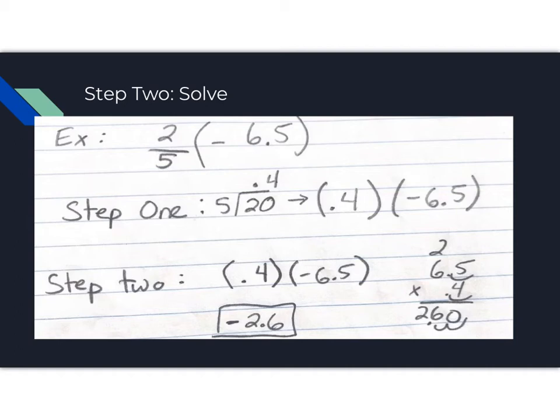If I count my decimal places, we have 2 decimal places, so I have to move it back in, and you have 2 6/10. The last step is to go back and check our integer signs. So I have one positive and one negative number that we are multiplying, which from our integer rules tells us that the product must be a negative, 2 6/10.